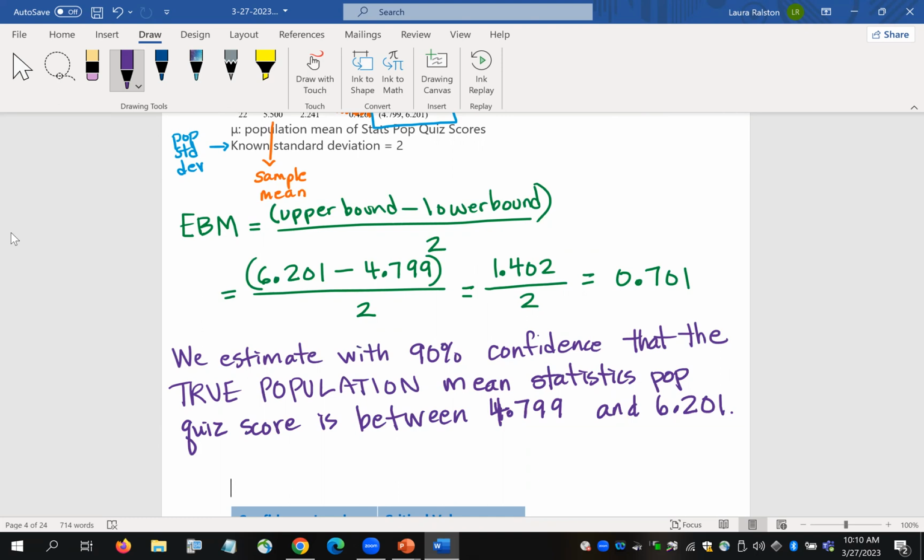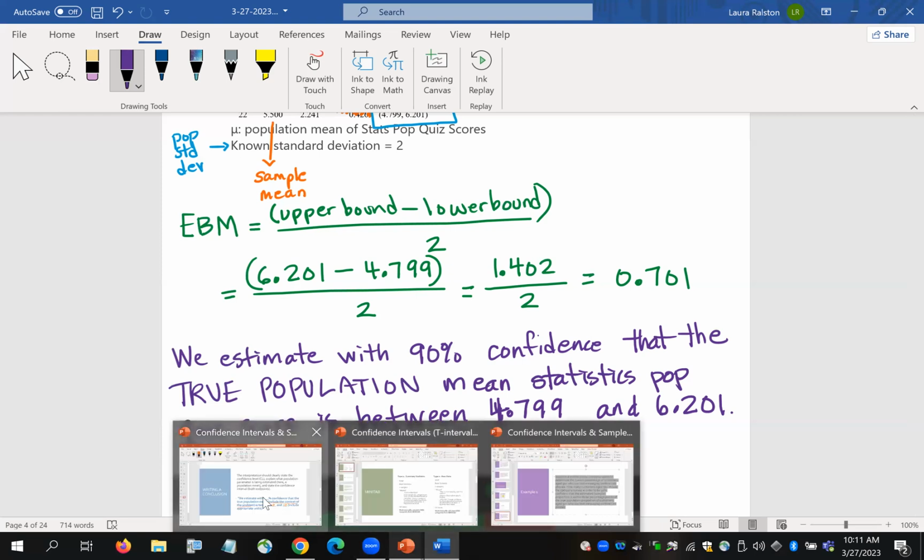You also have to pay attention whether the question is asking about the mean or about a proportion. With both the Z interval for the mean and the Z interval for the proportion, we can calculate the sample size.